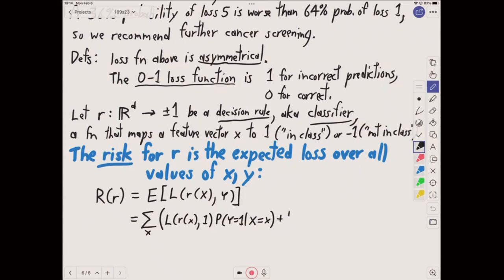plus there's a second summand for the case where the true label is not in the class. So the true value of y is, nope, I'm not in the class.